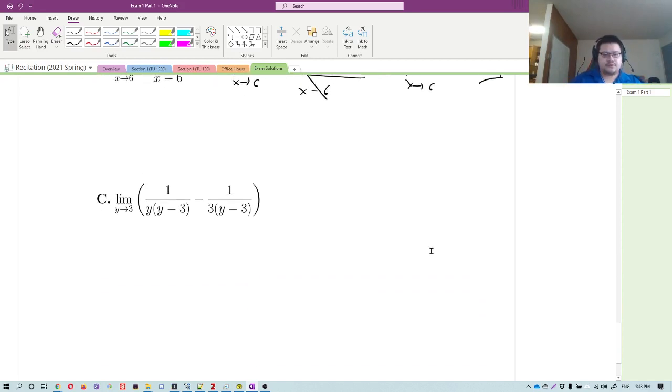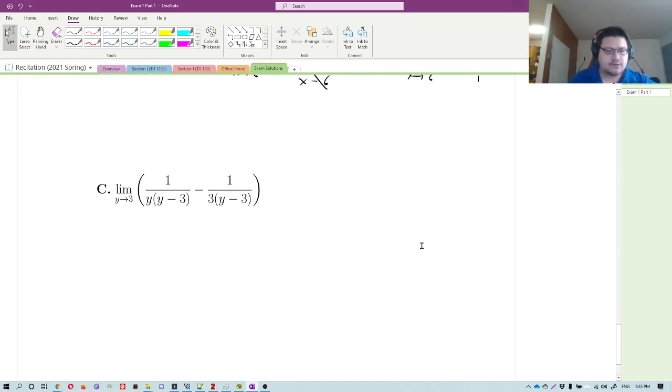Okay, and part C. Here, if I were to plug in, I would get division by 0 in both of these fractions. What we should do is try to combine the two fractions. The common denominator is going to have me multiply this fraction by y and the other fraction by 3.